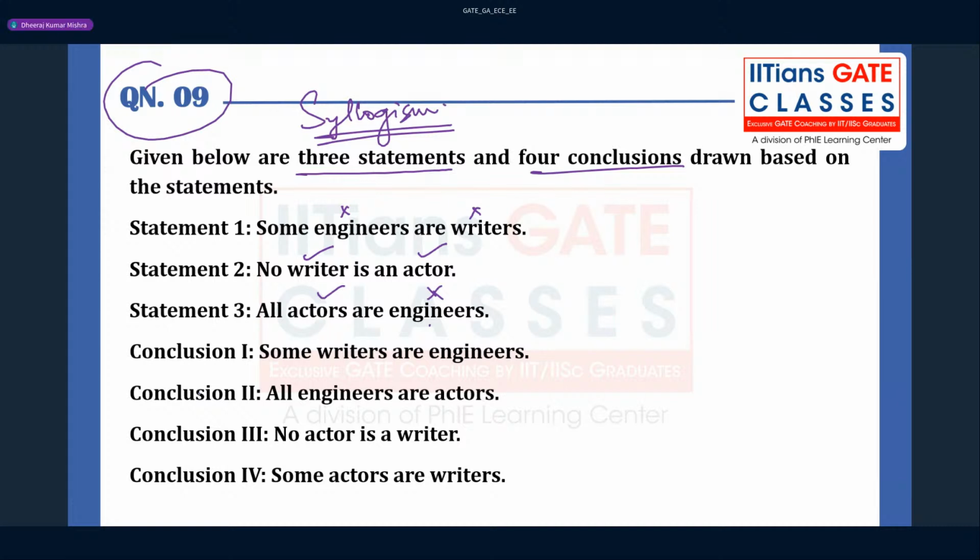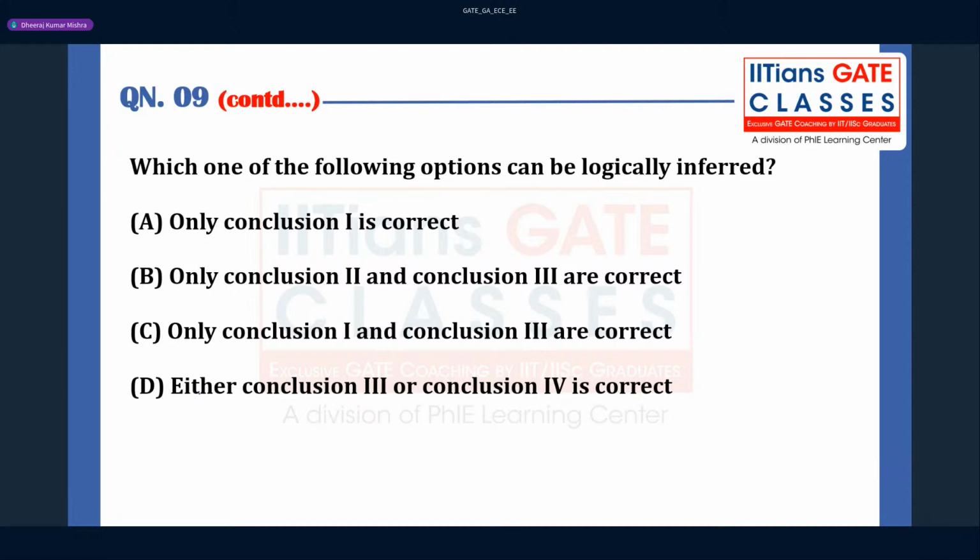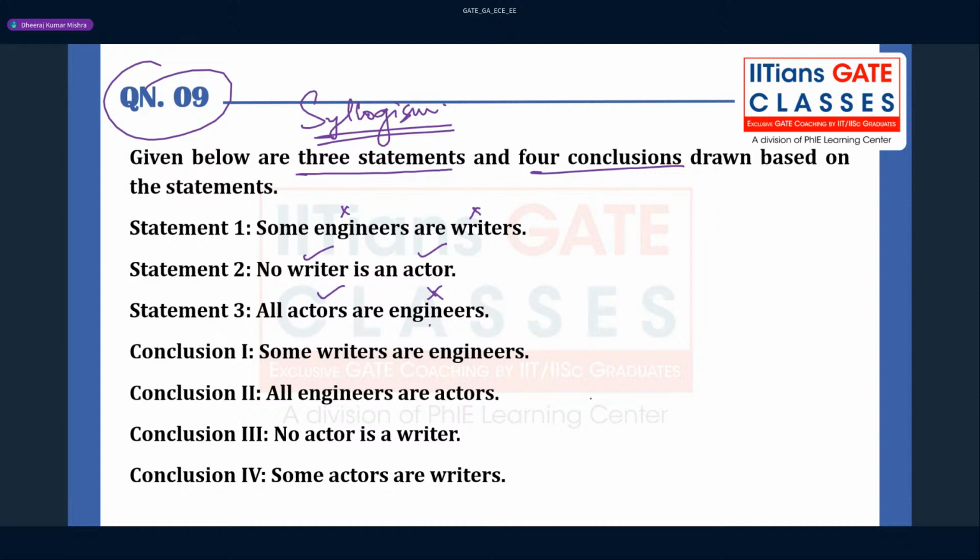So guys, the options you see here, what they have given: which one of the following options can be logically inferred? Only conclusion one is correct. Only conclusion two and conclusion three are correct. Only conclusion one and conclusion three are correct. And either conclusion three or conclusion four is correct. So let us go through the options.